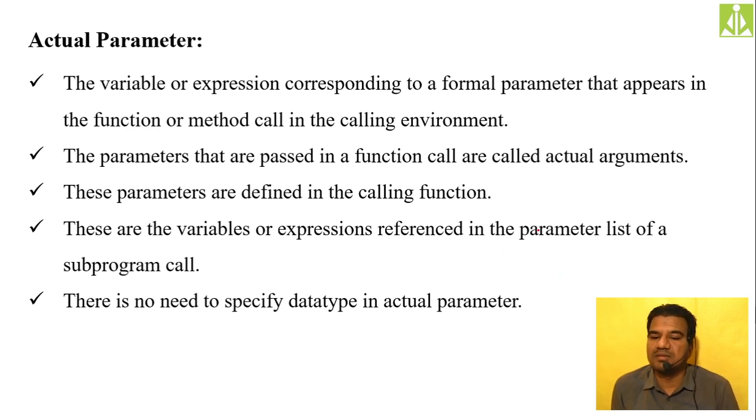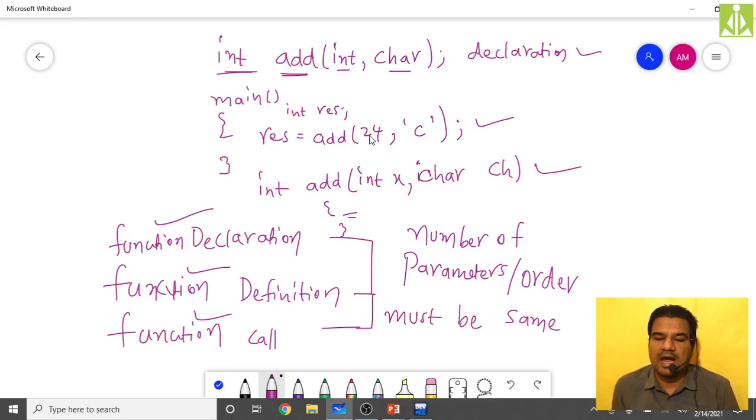So these will come inside the calling function. You can expect these actual parameters inside the calling function. Whenever you are calling the function, like here, I am calling add of 2, 4, c. So these are my actual parameters.